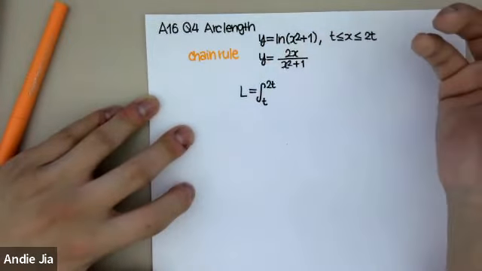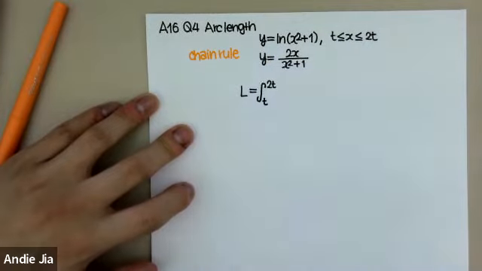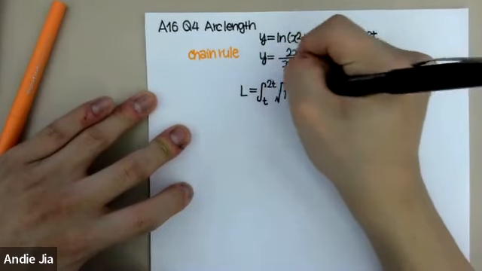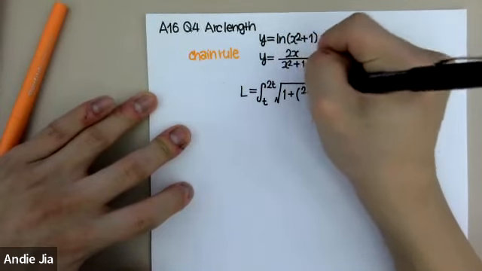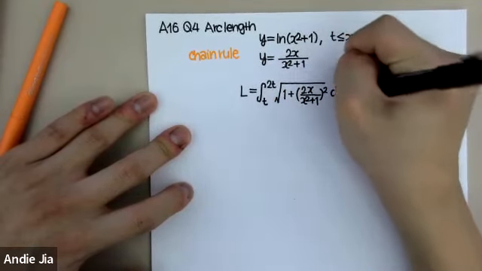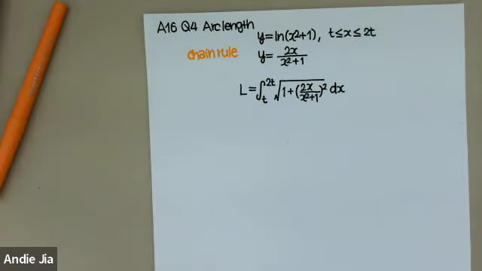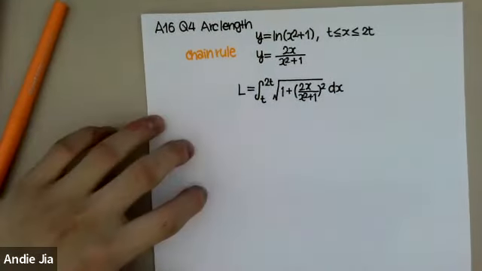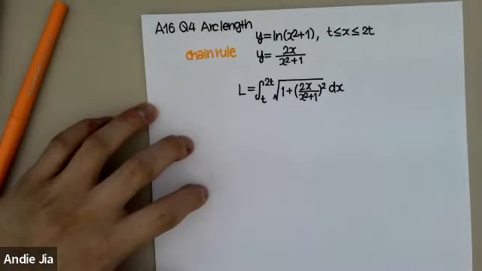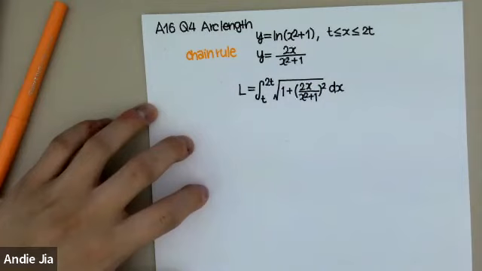We just assume they're positive, and it's going to be 2x over x squared plus 1, all squared, dx. I think that's probably it, because you probably can't write it even further. Yeah, because this is a nasty integral. So this is what we can expect.